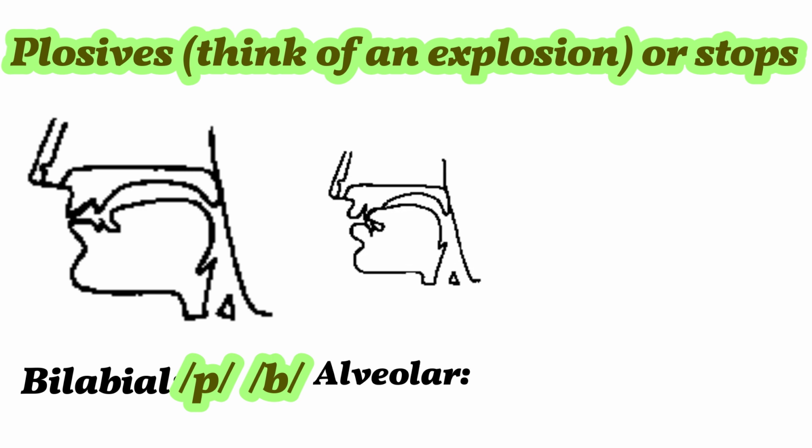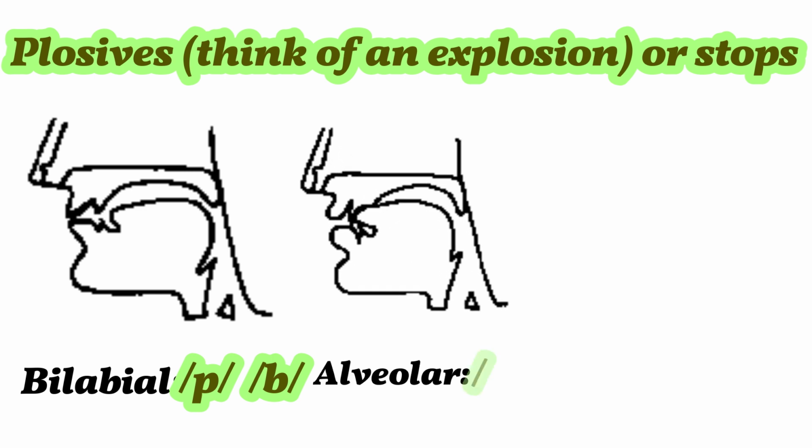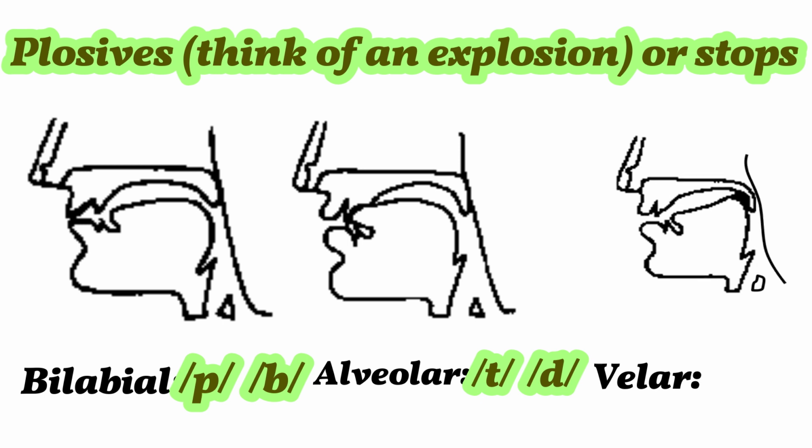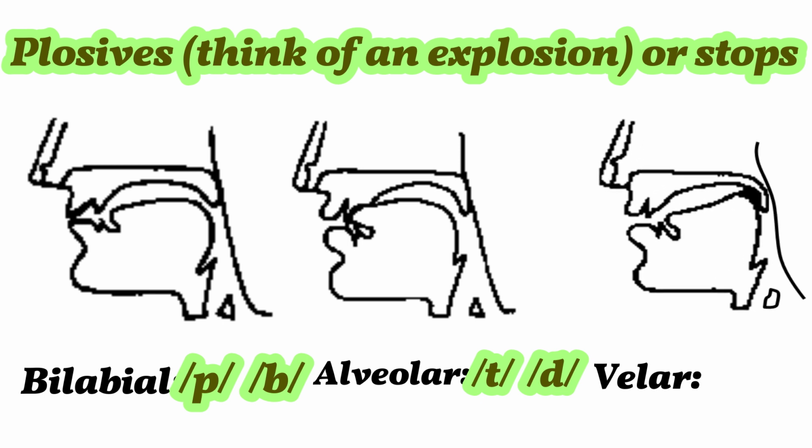Some alveolars are also plosives, like T and D. There is that releasing of some air. Okay. Some velars are also plosives, as K and G. Think of an explosion or a stop. Well, somehow in between, the air is released and at the same time there is a stop.